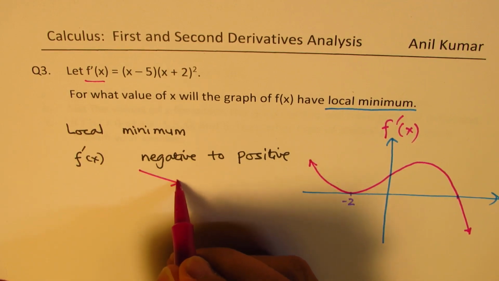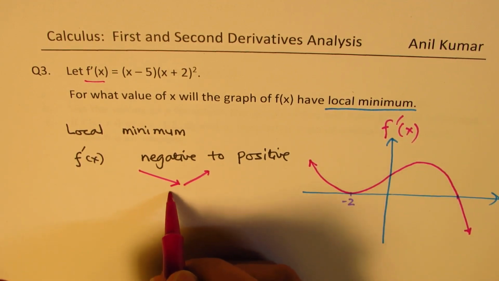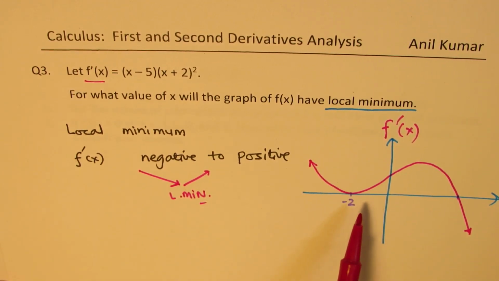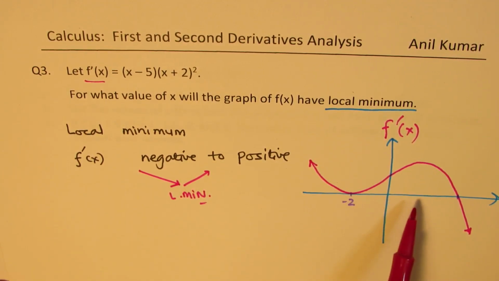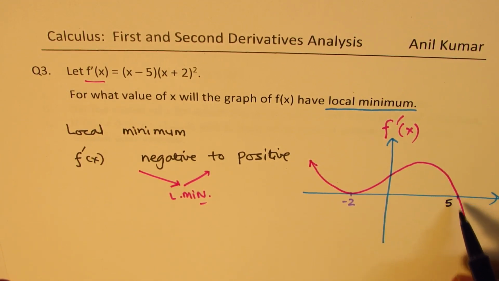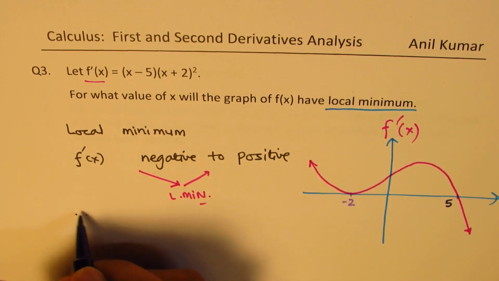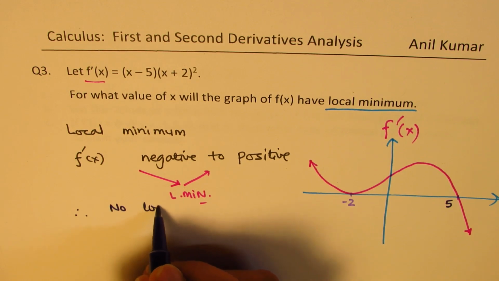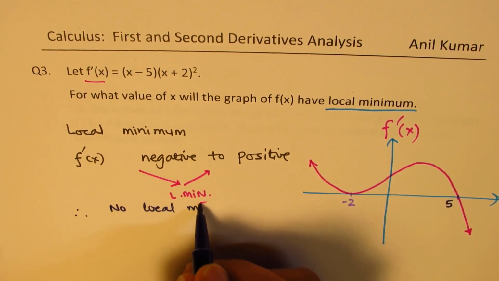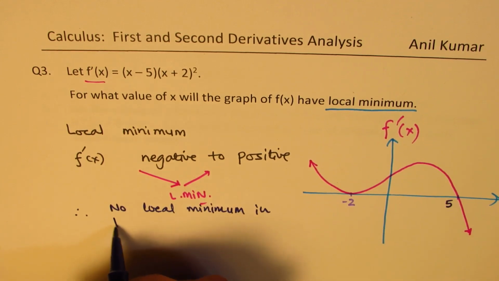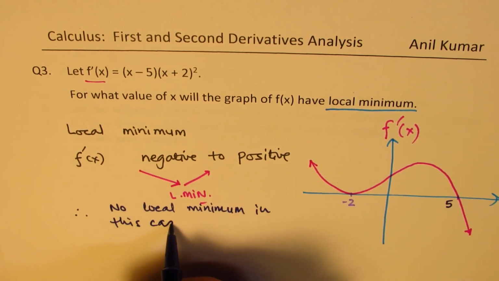So that means when it changes from negative to positive, we have a local minimum. Now, where does it change from negative to positive? Never, right? It is changing from positive to negative. So therefore, we have no local minimum in this case.